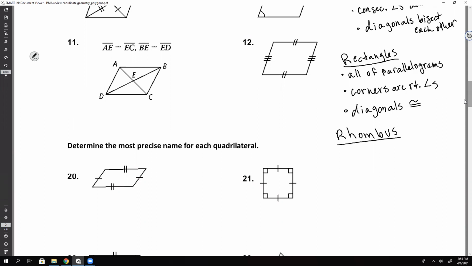Okay, for a rhombus, it has everything that a parallelogram has. So all of parallelograms. But then there's a couple things here. Your diagonals are perpendicular to each other. So your diagonals make right angles. Okay, remember that word perpendicular.